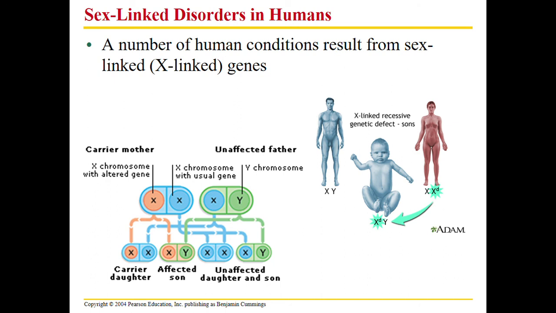The father has a normal Y chromosome and a normal X chromosome. So he's on this side, X and Y. If the mother has one bad X and she passes it on to her son, you'll have an affected son. See that right here? She can have a daughter that's a carrier, so one normal, one affected, or she can have unaffected daughters and sons.